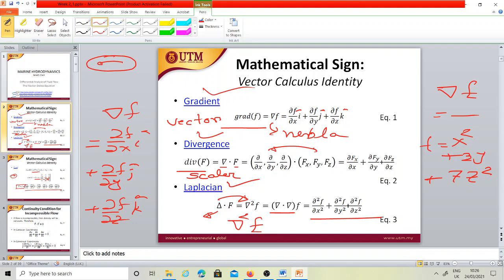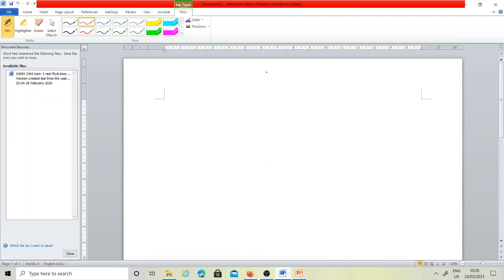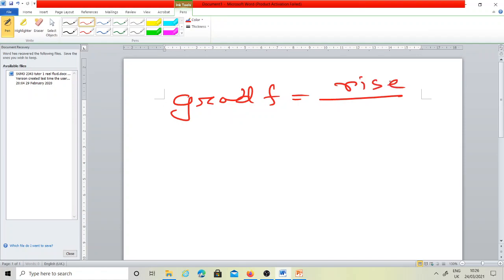To get into more detail, we will learn from the video. But for now, I can say that if I want to highlight grad f, it is actually rise divided by run. What are rise and run?